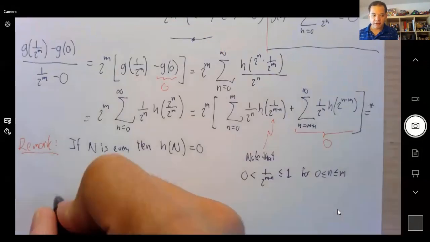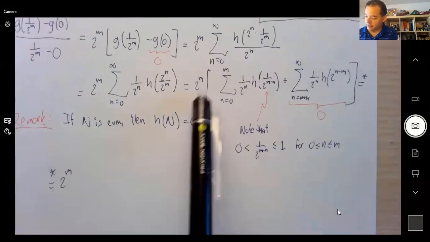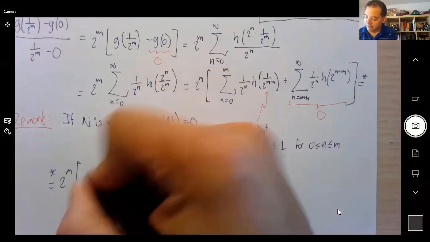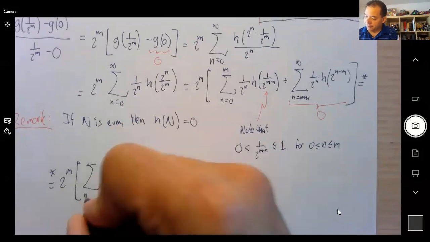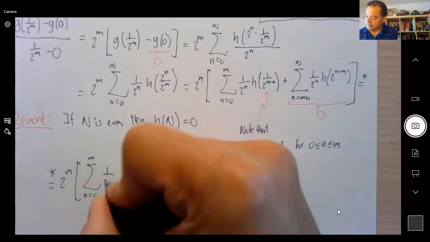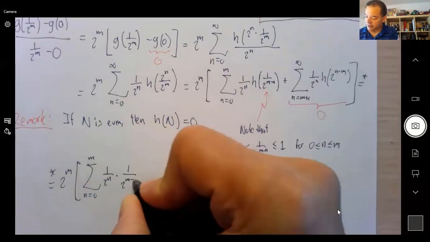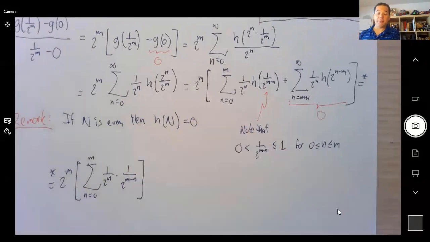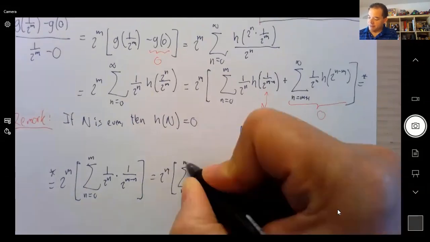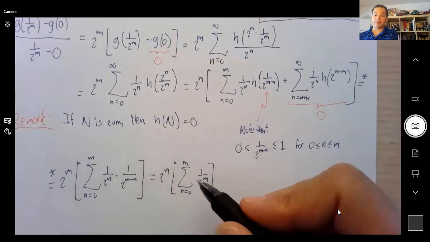Continue over here. And so we'll have that 2 to the m that we have over here, the sum from 0 to m of 1 over 2 to the n. And we said this is the identity, so that's only 1 over 2 to the m minus n. And look at the beauty. Everything is going to simplify, right? Rules of the exponents. This becomes 2 to the m. And there's no n here anymore, so I'm adding the same number m plus 1 times, right?